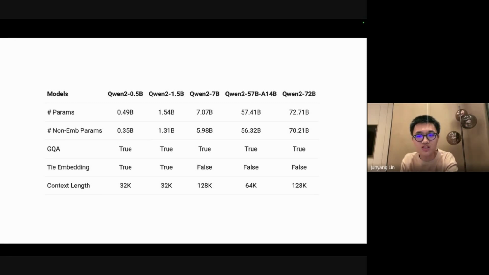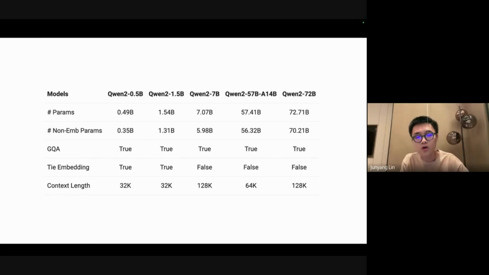So we call it 57 billion A14 billion, which means that you have in total 57 billion parameters, but only activate 14 billion. It is an MOE model. You can treat it as something competitive to Mixtral for the sizes.